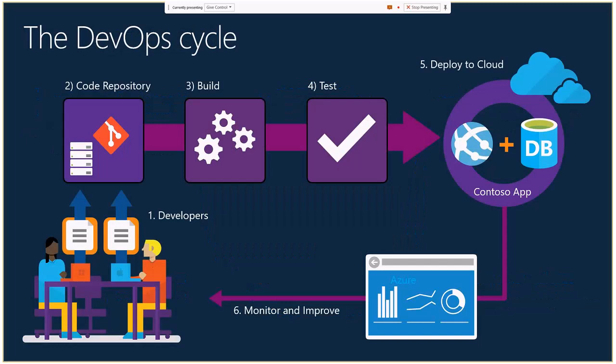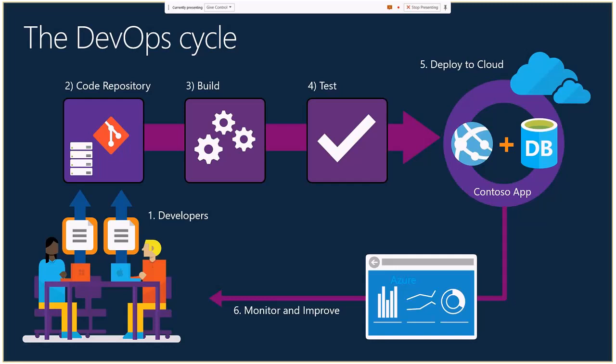So that gets to the DevOps cycle that I briefly mentioned earlier. Developers will implement a feature and check that into our code repository, it gets reviewed, the build gets kicked off, and all the automated tests are run. If all of those tests pass, it gets deployed out to the cloud application.